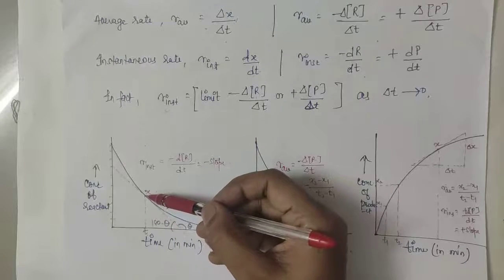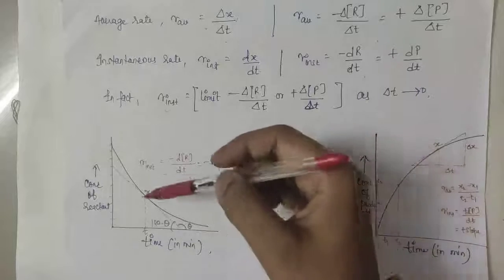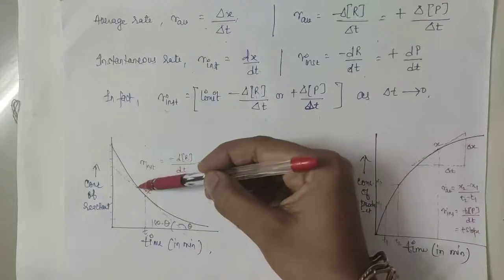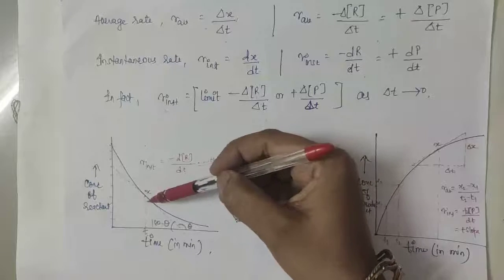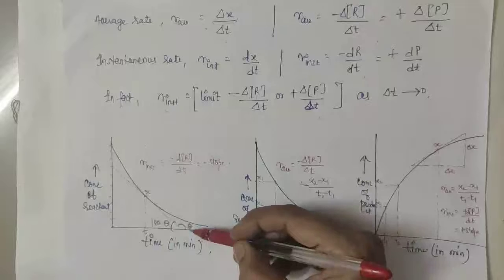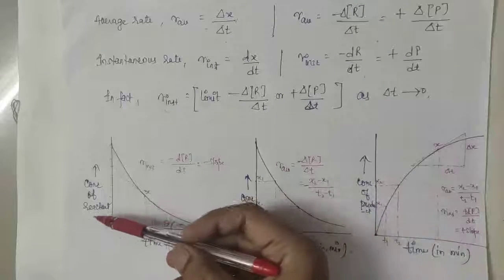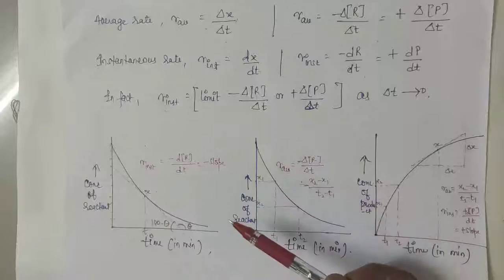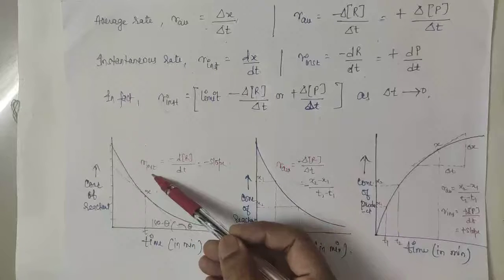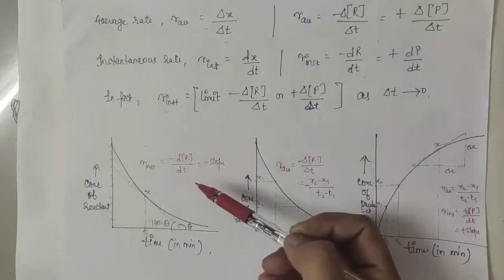To find the rate, what we have to do is draw a tangent here, and then extrapolate the tangent and find the slope. Since we are taking the concentration of reactant, the slope will be negative. This will give the instantaneous rate.